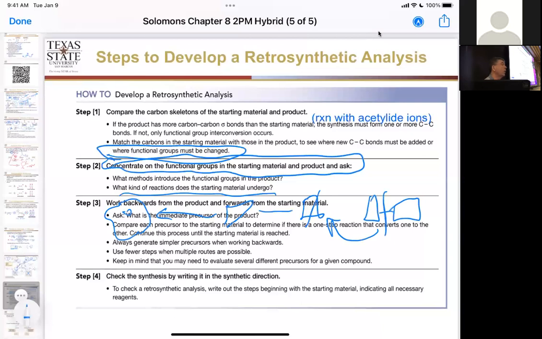Okay, so what we're doing here is we're seeing what bonds we can break, knowing how to make that bond. So we're breaking this bond, knowing what the reagent is to do this. We break this bond, knowing the reagent we need to make that bond. Okay, then we just check the order, reorder it, and do it.